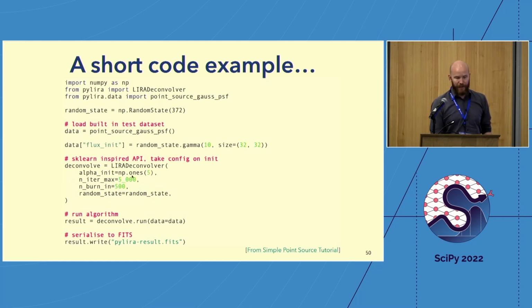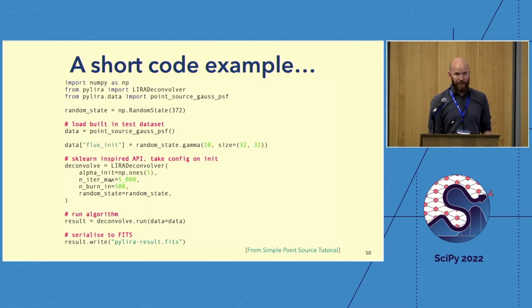And then one can configure this LIRA deconvolver class. The API here is very much inspired from scikit-learn. So the idea was to take all configuration of the class on input and then actually pass the data to a run method that then actually executes the algorithm. So here are these alpha k values that we can specify for the initial values.